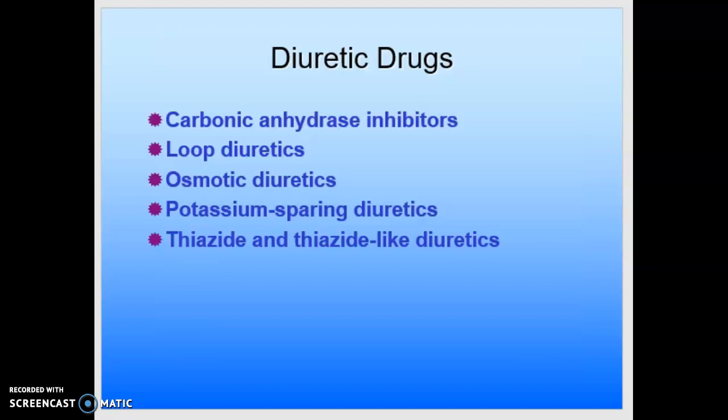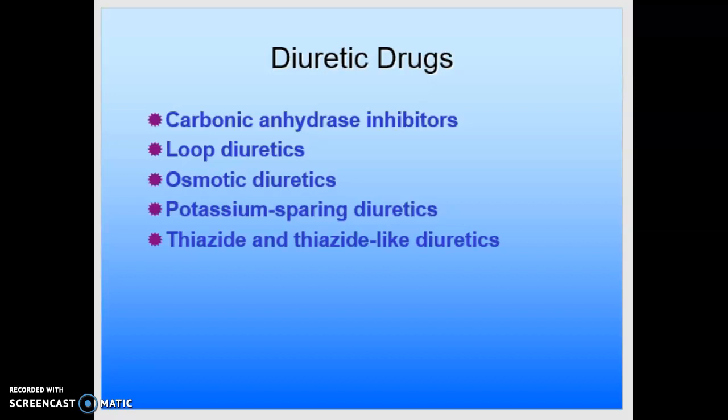So those prerequisite knowledge categories that we have up on our mind map, a basic understanding of the urinary system, a basic understanding of congestive heart failure, a basic understanding of hypertension, and a basic understanding of fluid and electrolytes, are important because diuretics are used to treat these things. We use them primarily to treat hypertension, heart failure, and fluid retention disorders.